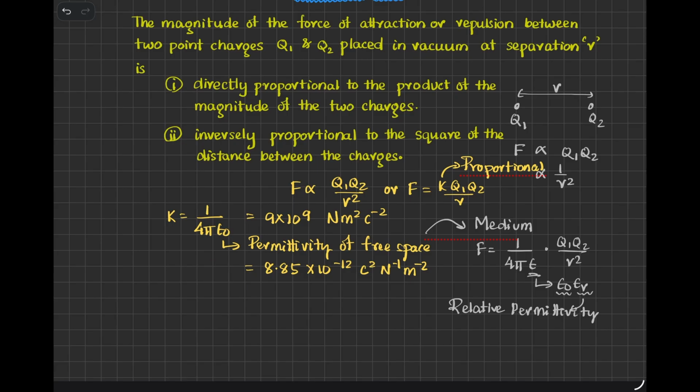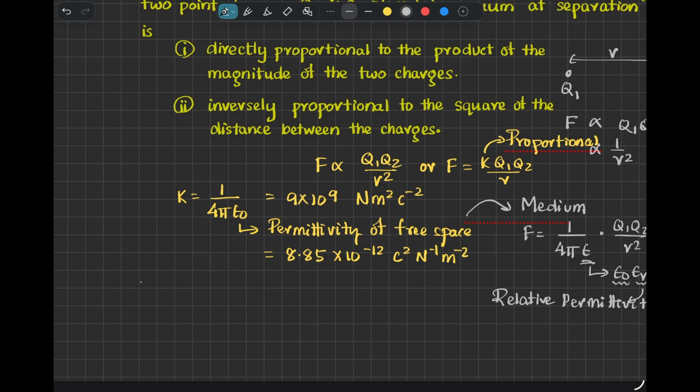Let's say epsilon r for a medium is 5. That means the force will become 1/5 of the force that those two charges experience in vacuum. Now this value of relative permittivity is different for different media. For vacuum, we consider it to be 1, and to be specific, for water, epsilon r is 81.